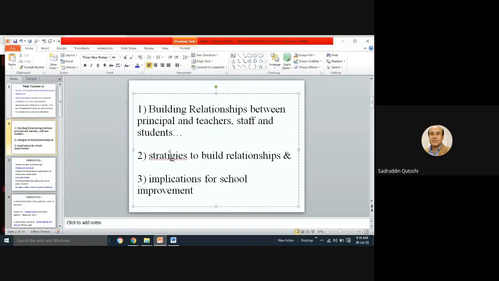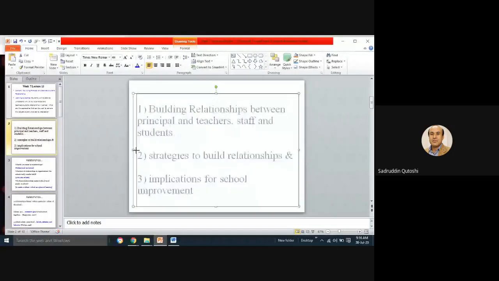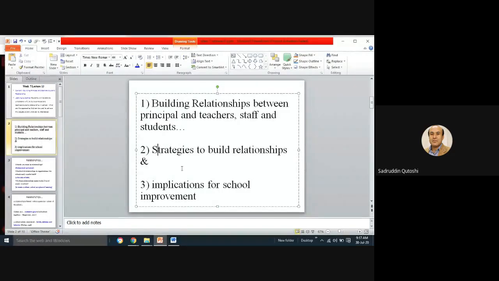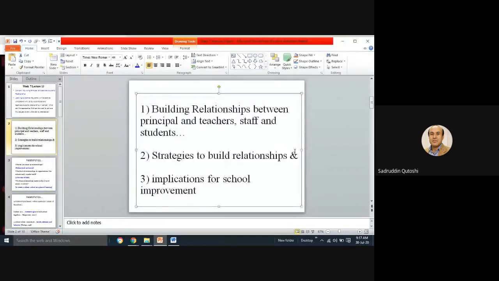What will be its effects on school improvement in terms of students' powerful learning? What kind of relationships help us develop a culture in school that enables teachers and students to enhance their performance? That's how we will try to understand.